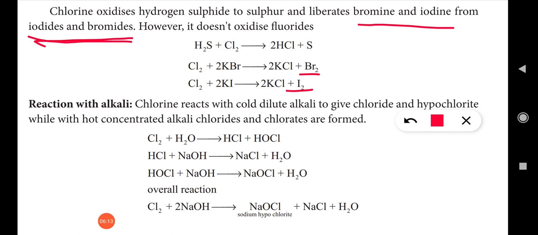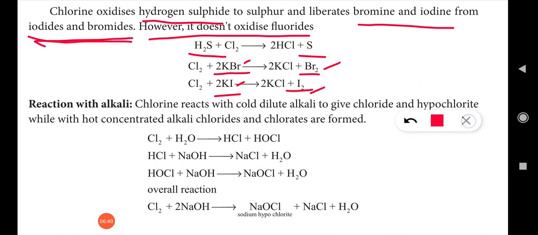Chlorine can also oxidize hydrogen sulfide to sulfur. However, it does not oxidize fluorides. It can oxidize bromide and iodide, but chlorine cannot oxidize fluorides. By the oxidation of bromides and iodides, it forms bromine and iodine.